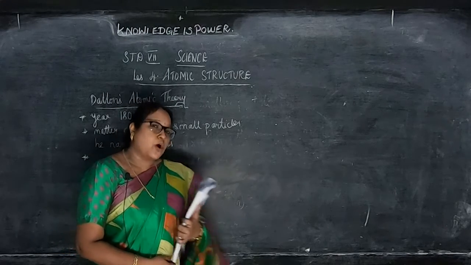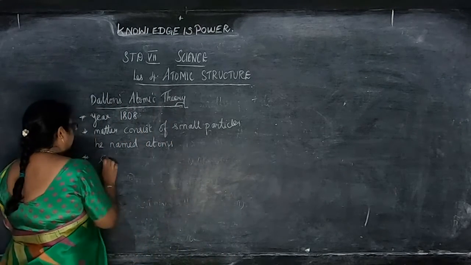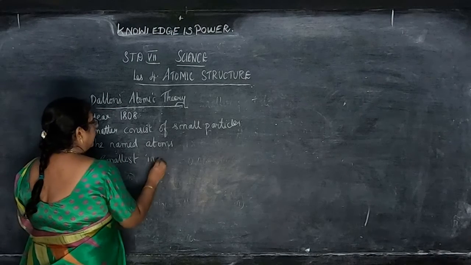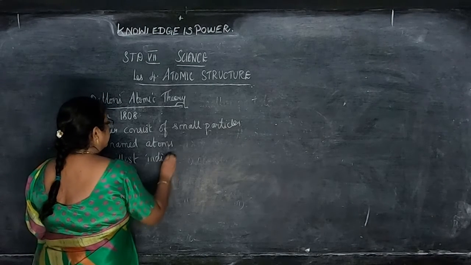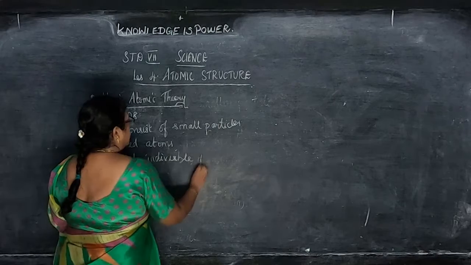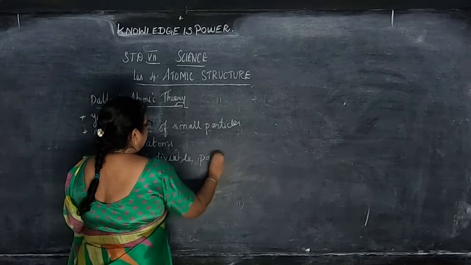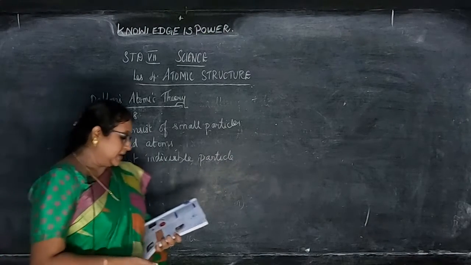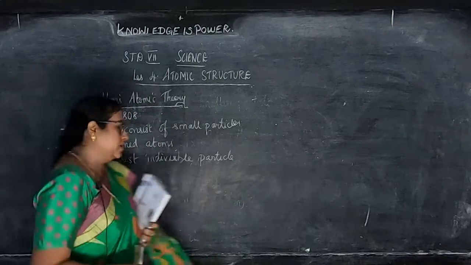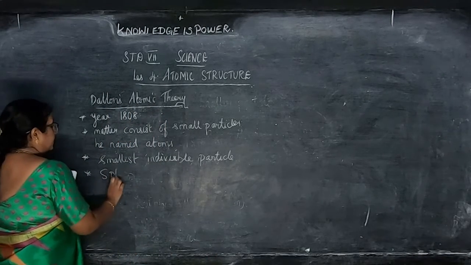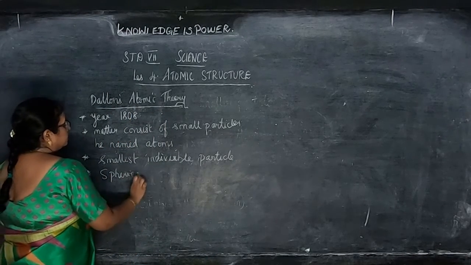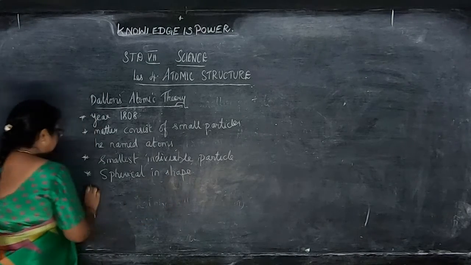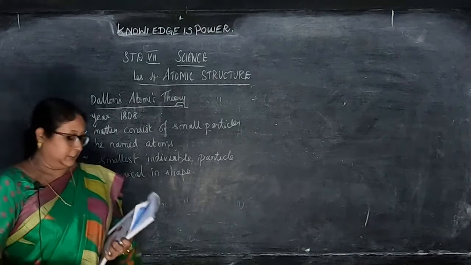An atom is the smallest indivisible particle. Indivisible means which cannot be divided. So an atom is an indivisible, smallest particle. Then it is spherical in shape. What in shape? It is spherical in shape, children.